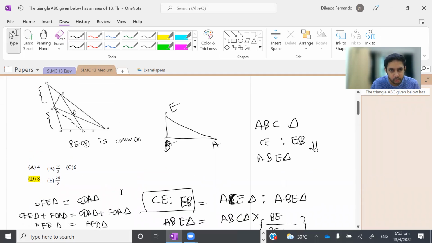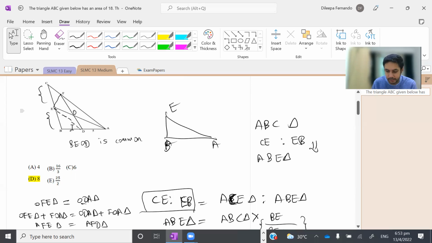Now what can we conclude? What we did was use the information given. With this, we saw that EFO and DOA are equal, and when we add the same triangle again, we found that we have a common base, and with a common base, two triangles have equal areas.